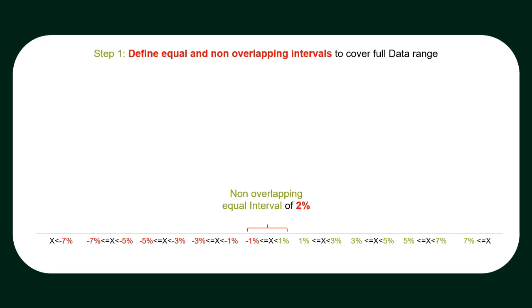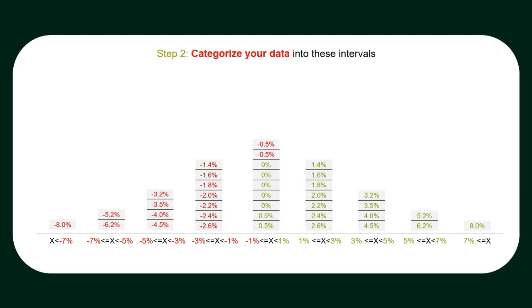These intervals are between negative 1% to positive 1%, positive 1% to positive 3%, positive 3% to positive 5%, positive 5% to positive 7%, and greater than or equal to 7%. Similar intervals have been created on the left side of the dataset with negative values.